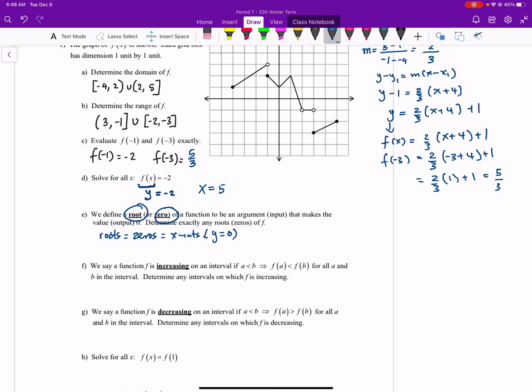So again, you go through this expression here, and you're going to try to find the places where y is equal to 0. So y equal to 0 is this line right here. Your job is to find that x over here, because that's the only place that we can see it crossing the x-axis. That is the x-intercept.